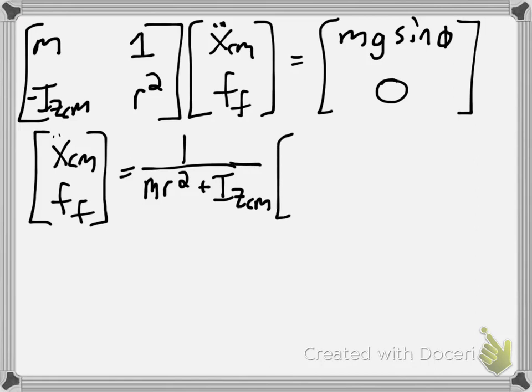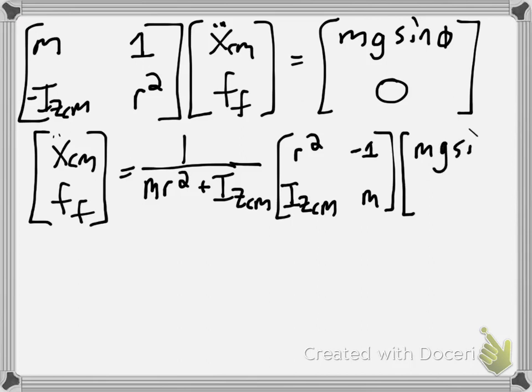The cofactor matrix for a 2 by 2, you flip the main diagonal, so r squared is in the upper left and m goes in the lower right. And then the off diagonals become negative of what they were. So we'll have minus 1 in the upper right and a positive I_z center of mass in the lower left, times the b vector, mg sine of phi and 0.